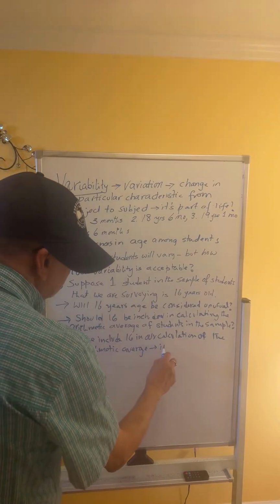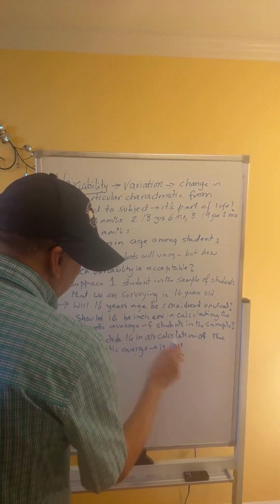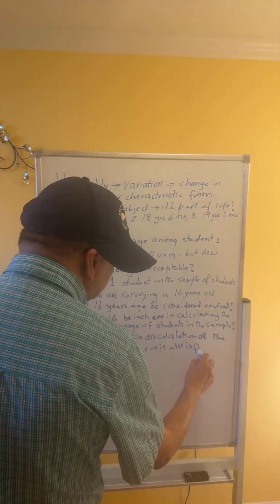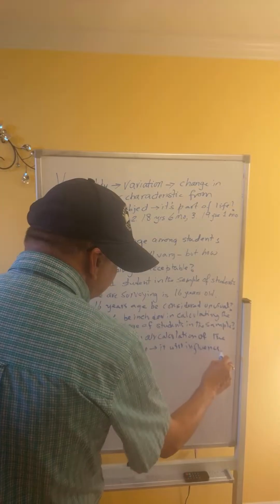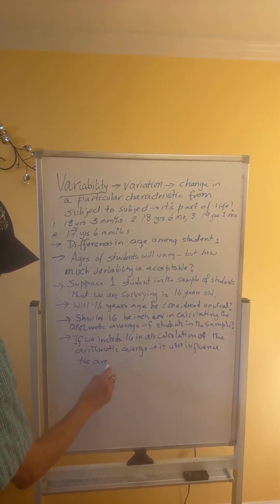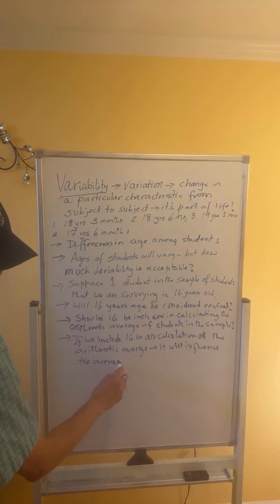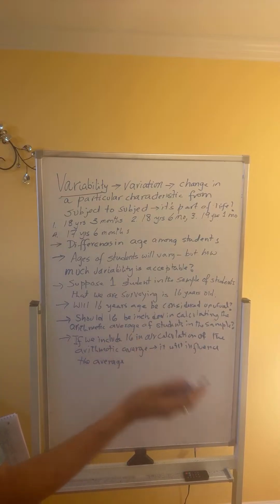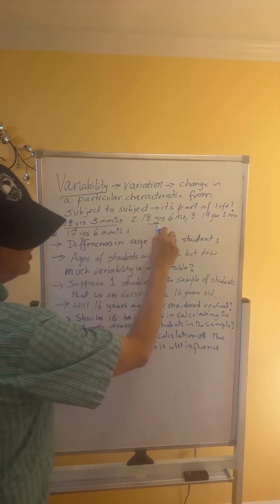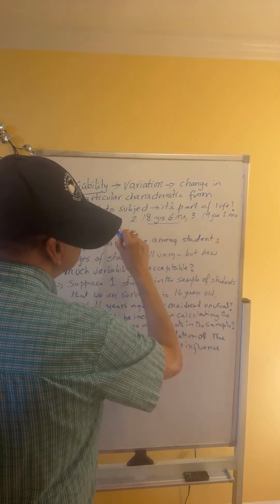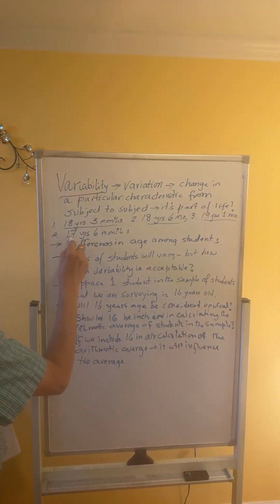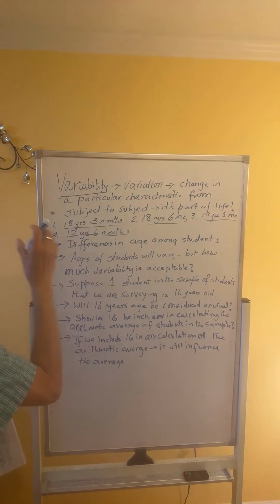it will influence the average age. Influence means it will pull the arithmetic average age towards it. Notice 16 is way below the ordinary ages: 18 years 3 months, 18 years 6 months, 19 years 1 month, 17 years 6 months.